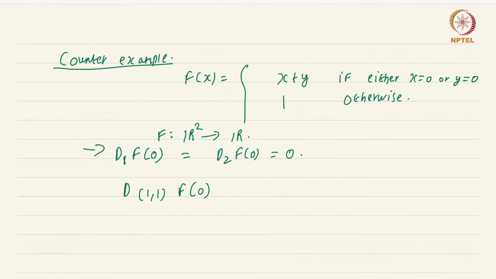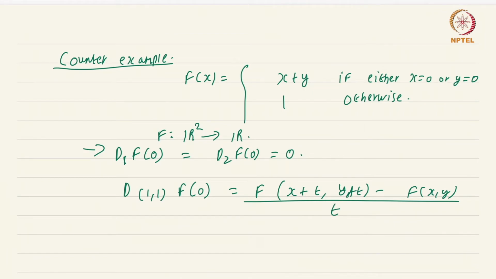By definition this is the limit as t goes to 0 of f(x plus t, y plus t) minus f(x, y), divided by t. Why x plus t comma y plus t? Because the vector v we have taken is (1,1).